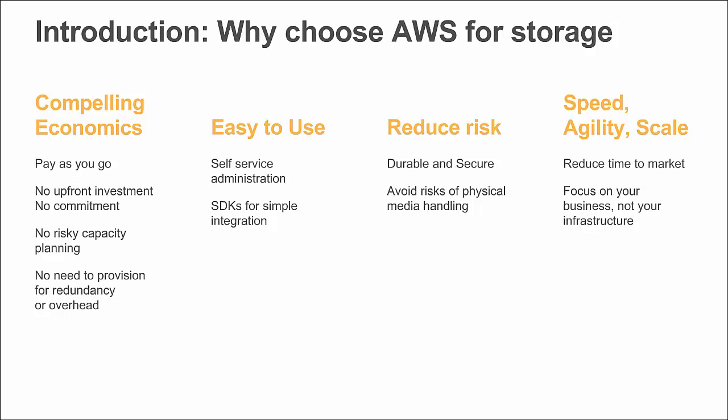Some people are better at that than others, but rarely does it come in exact. So you either overpay for the resources that you're using, or you have to go back and get more, and often that's a long cycle.